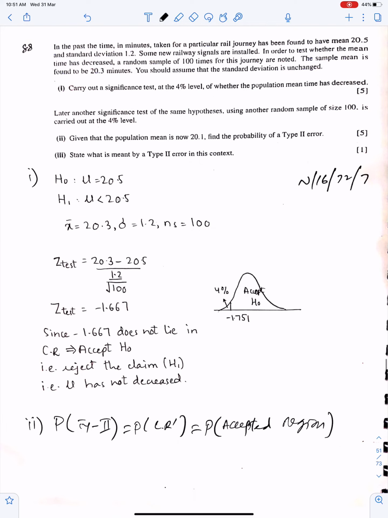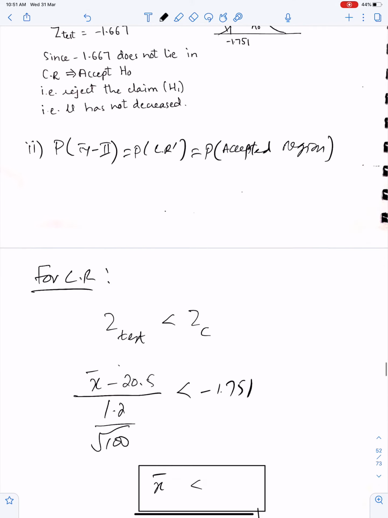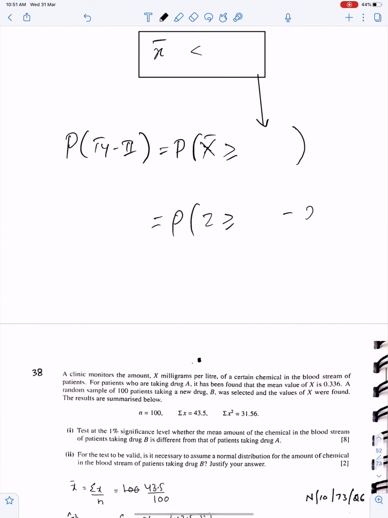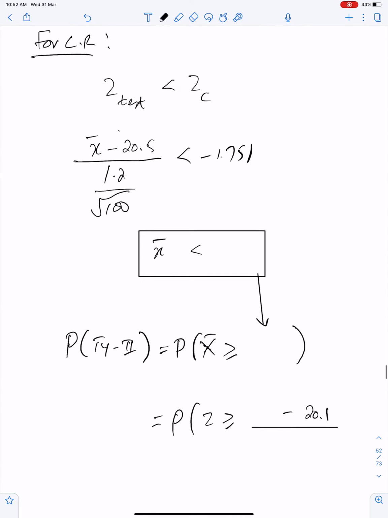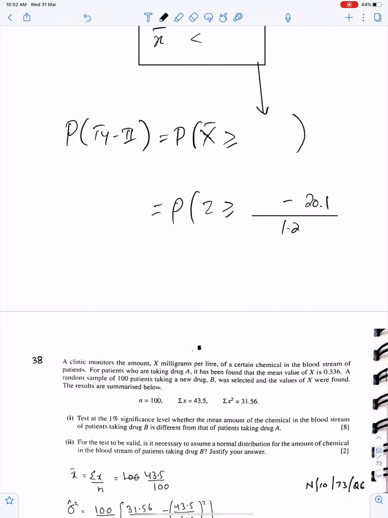The new mu is 20.1, which is the actual mu. And the denominator is 1.2 over root 100. In this way, you can easily calculate the probability of type 2.